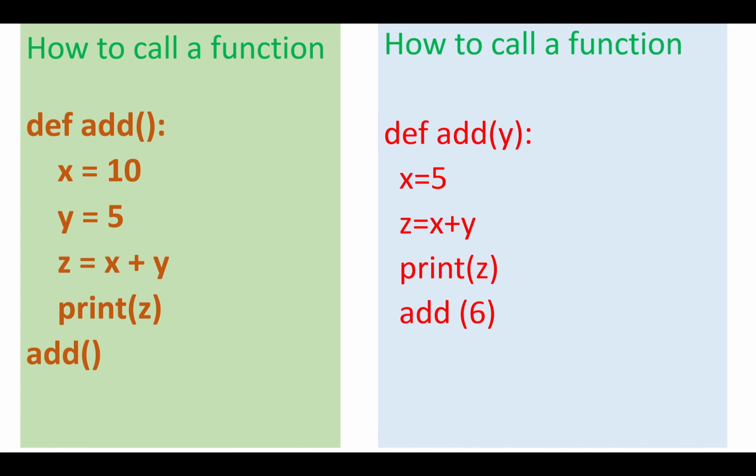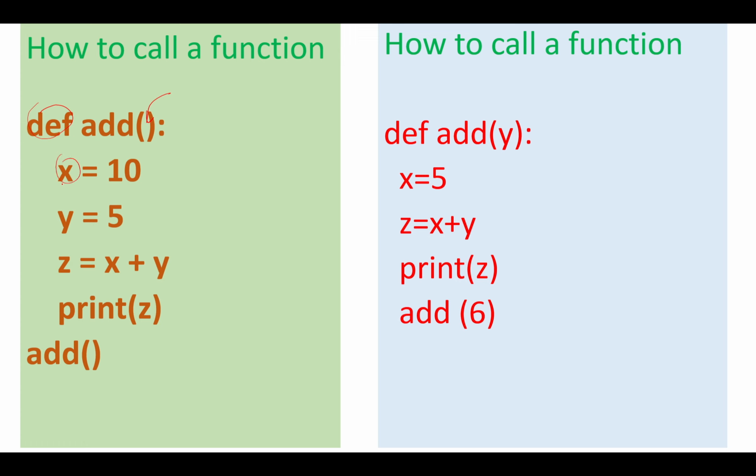So the first thing is how to call a function. I have given you two examples here. In the first example, you see that def is actually a keyword in Python. Here we are not passing any argument. Inside, we add two variable assignments.